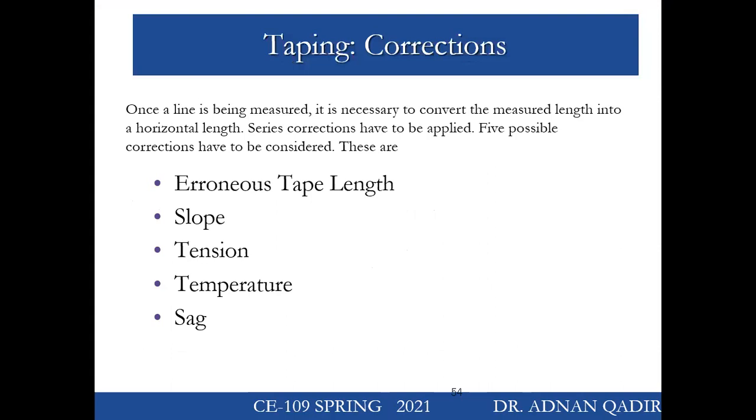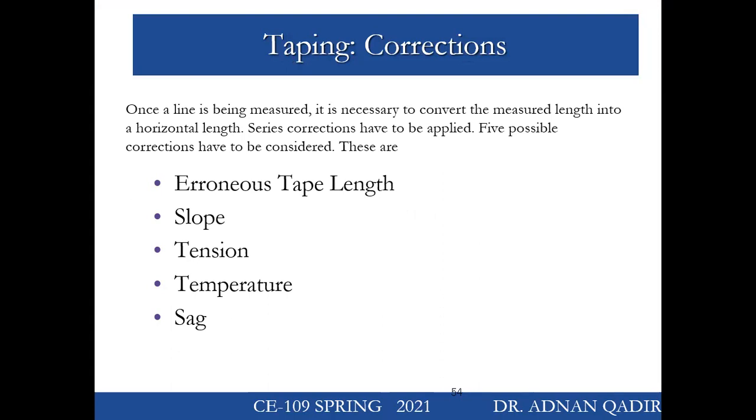There are always corrections required in taping. Once a line is measured, it is necessary to convert the measured length into a horizontal length, and a series of corrections have to be applied. Five possible ways to be considered are: error in tape length, slope, tension, temperature, and sag.